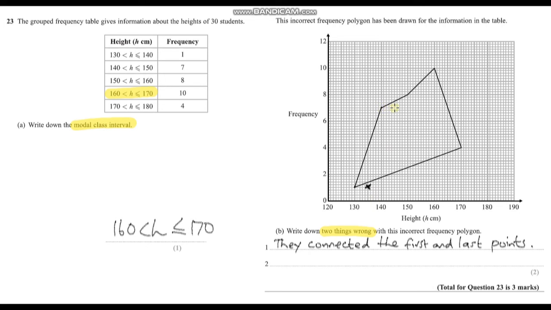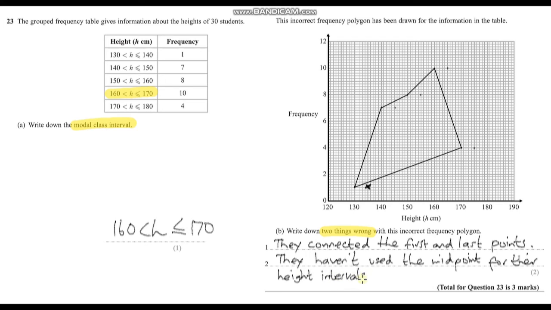So this point should be over here. This point should be over here. This point should be over here. And this point should be over here. So we can just say that they haven't used the midpoint for their height intervals.